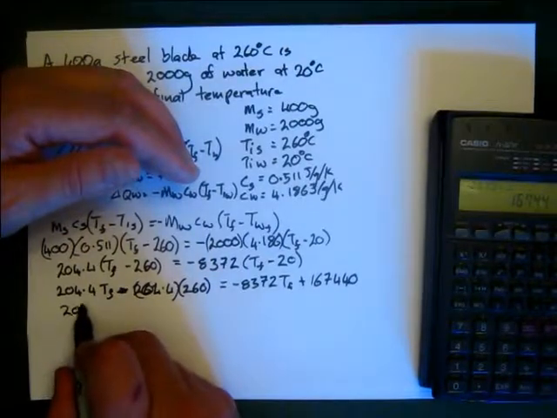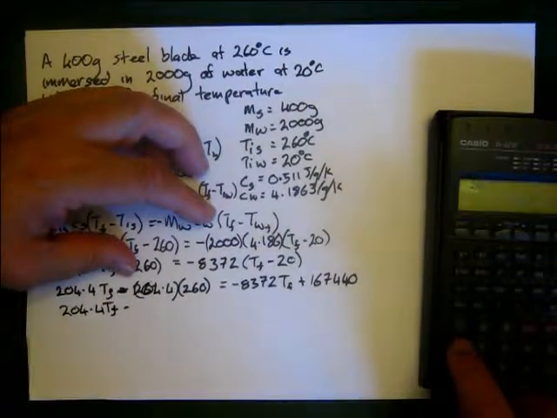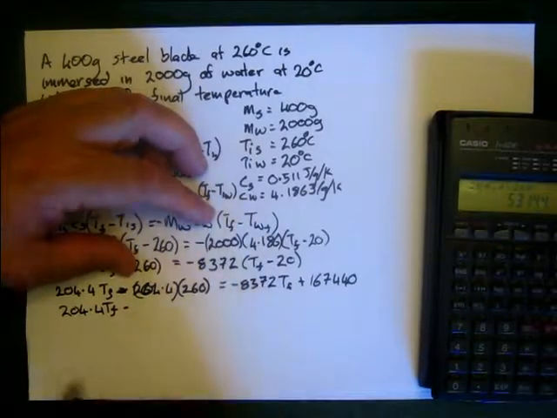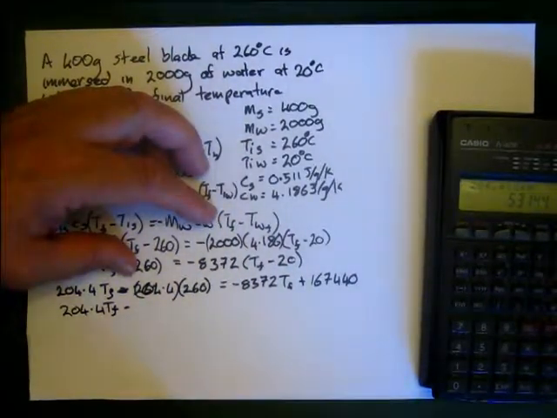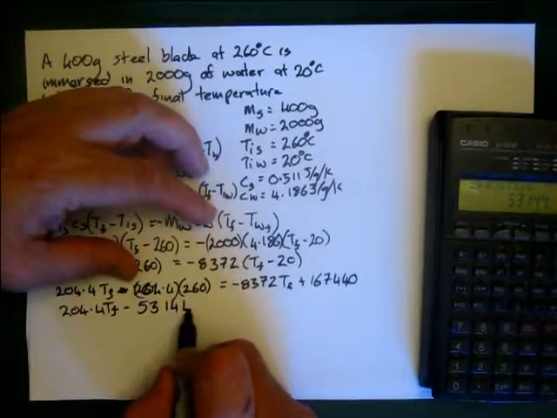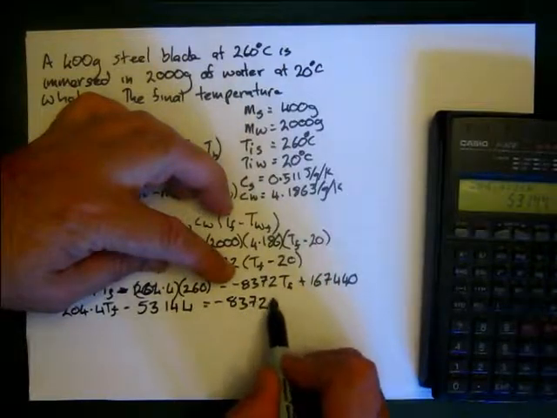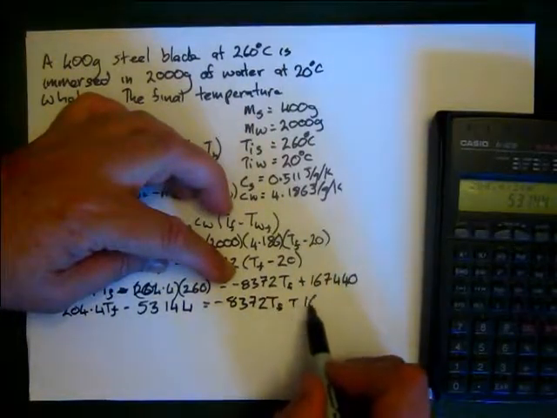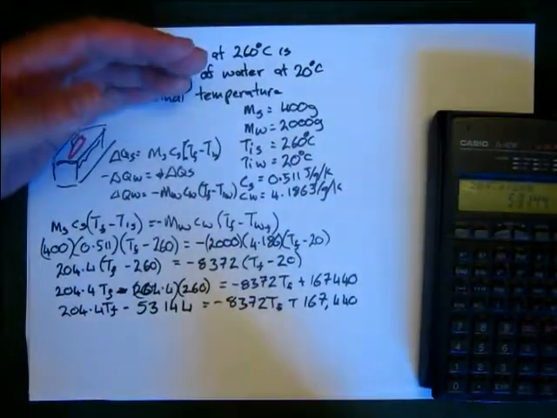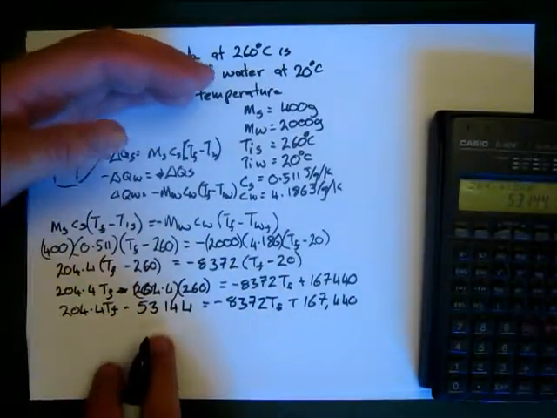So 204.4 TF minus 204.4 times 260, what's that? 53,144. So 204.4 TF minus 53,144 equals negative 8372 TF plus 167,440. Now what we can do is everything that's TF we put on one side, everything that's not TF we put on the other side.